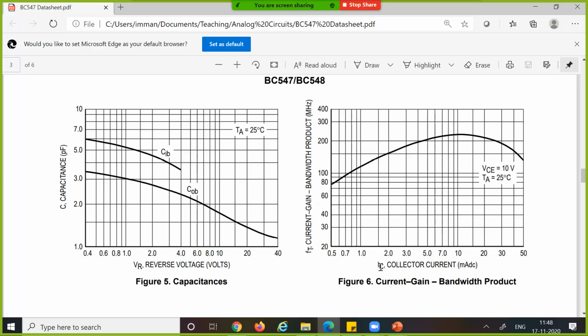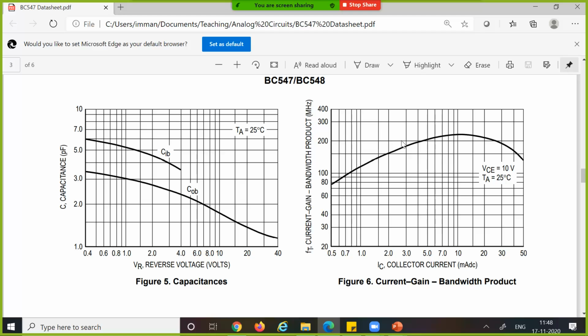Now figure 6 is the current gain bandwidth product, or FT. FT as a function of collector current: FT is low at lower current and keeps steadily increasing because GM increases as current increases.